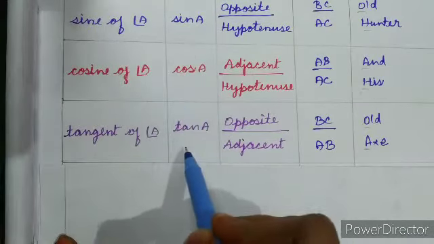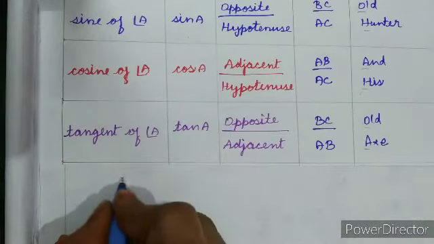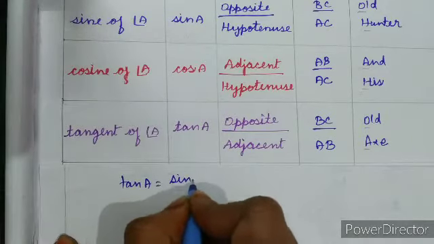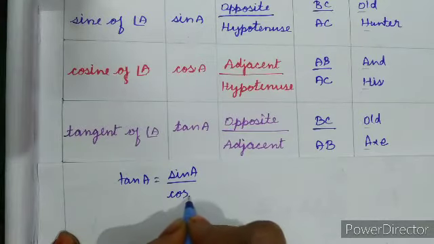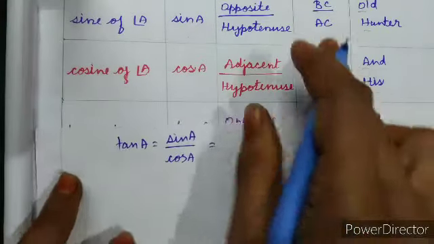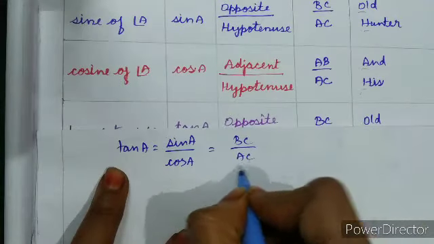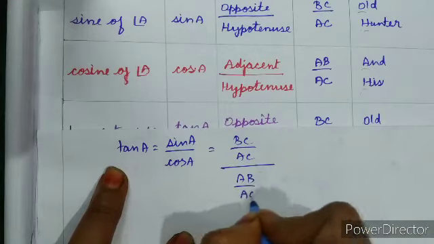Sin, cos and tan are the basic trigonometric ratios, and tan can be expressed in the form of sin and cos. Tan A can also be written as sin A by cos A. We know the value of sin A is BC by AC, and cos A is AB by AC.